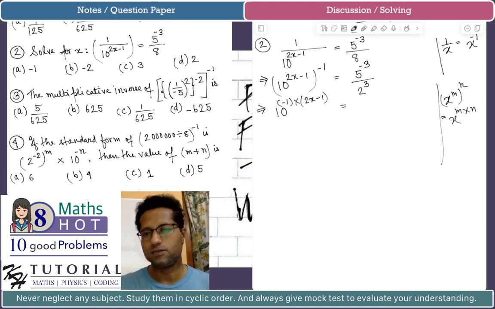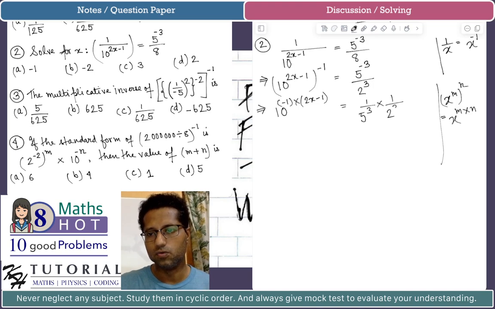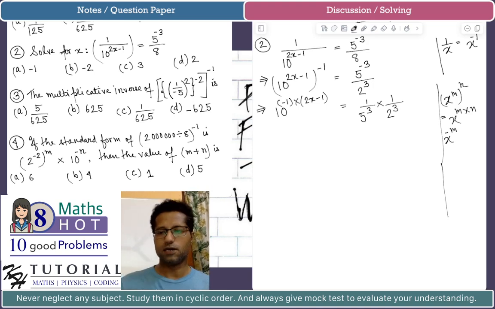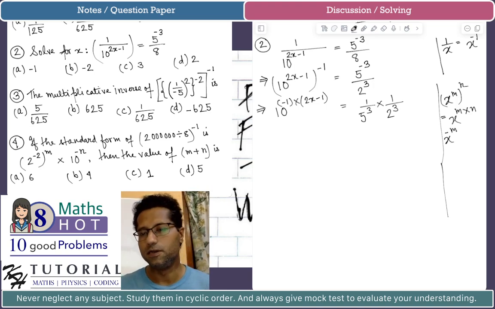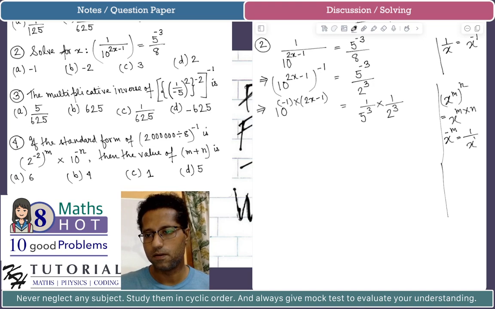And on the right hand side, 5 raised to the power minus 3 means 1 by 5 raised to the power cube, and we already have in the denominator 2 cube. Another concept is that x to the power minus m, for non-zero rational number x and some integer m, is nothing but 1 by x to the power m.